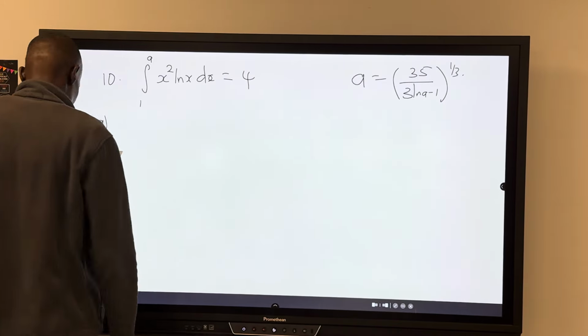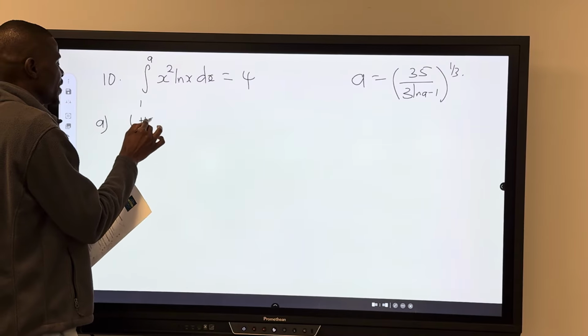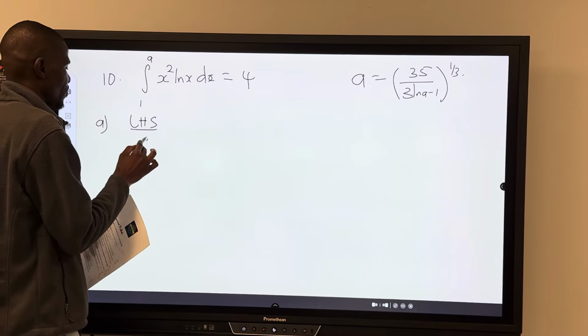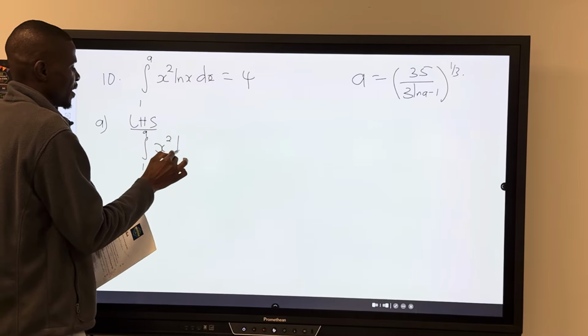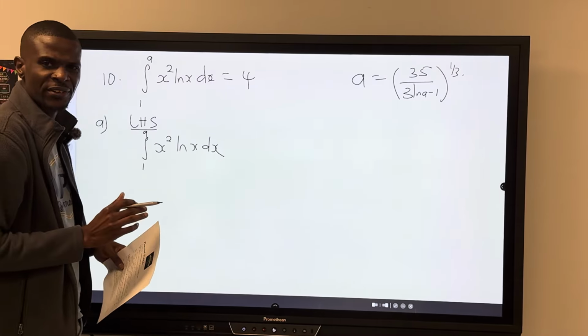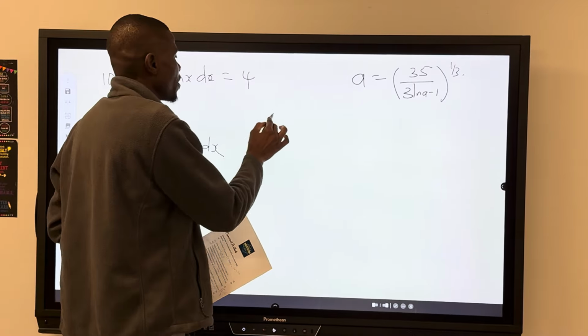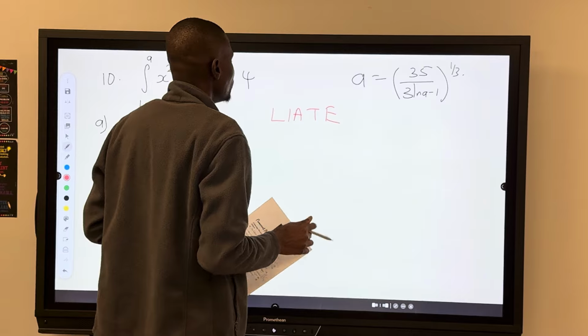For now, let's deal with the left-hand side. We want to integrate from 1 to a x squared natural log of x with respect to x. This is integration by parts, so we use the LIATE rule.